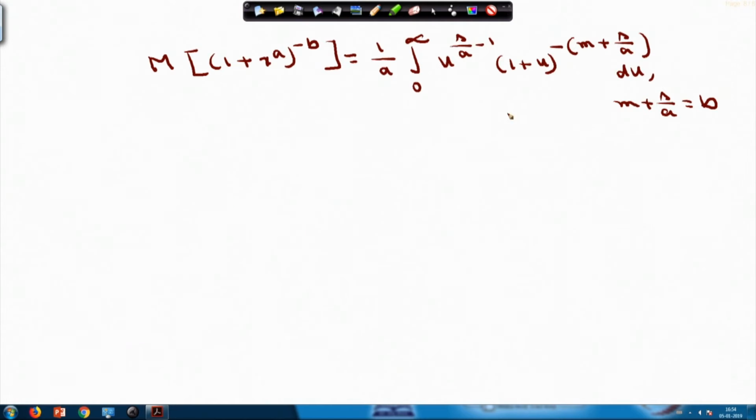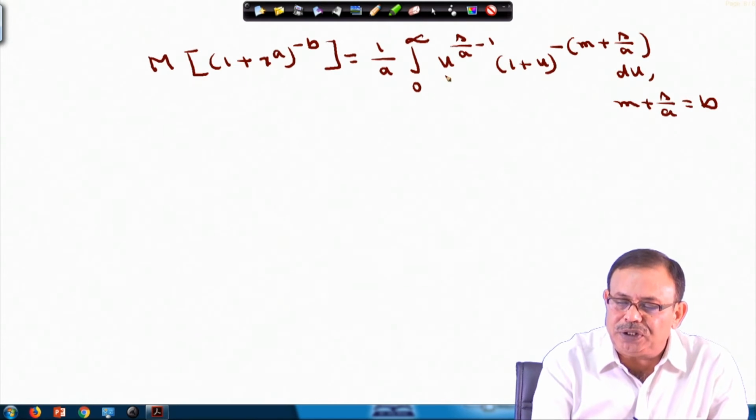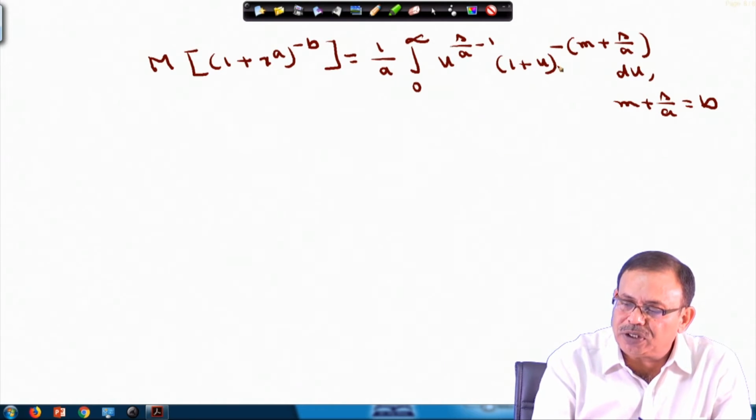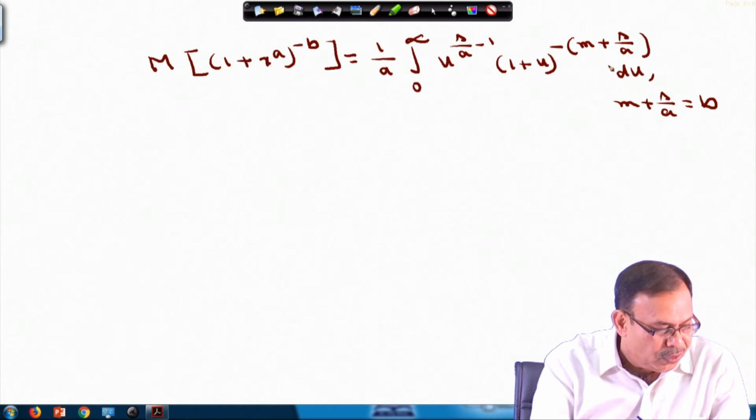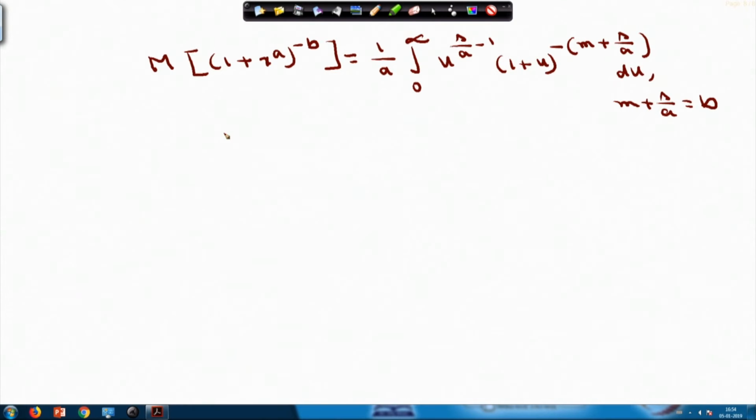And this integral of x to the power m minus 1 into (1 plus x) to the power minus (m plus n) format, I can simply represent in terms of the beta function like this, that is, beta function of s by a comma m. This s by a is coming here and this is m. So I can write beta of s by a comma m.